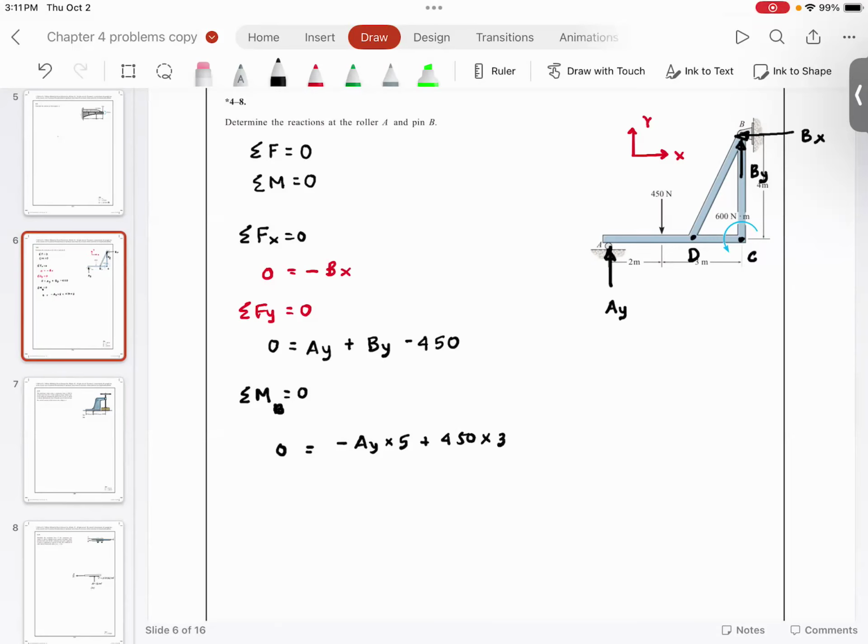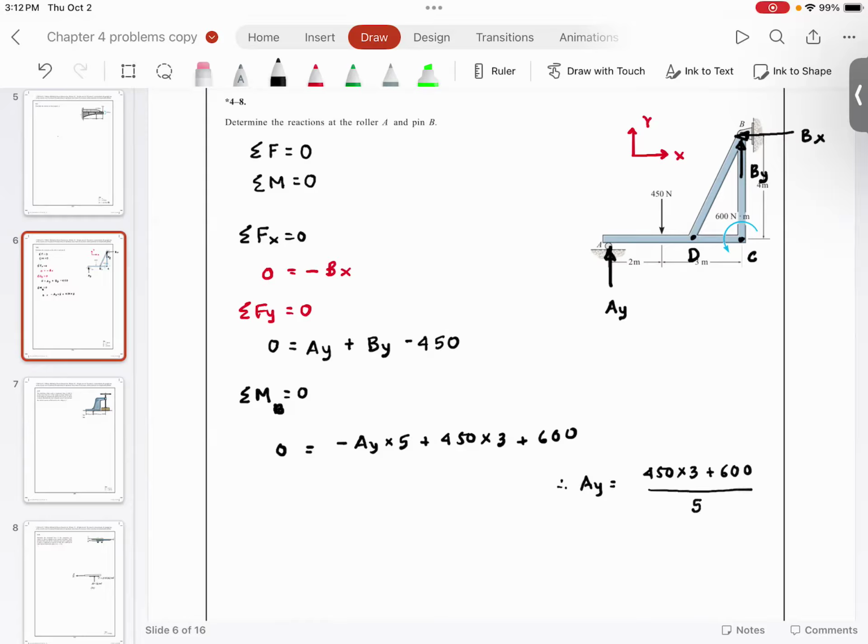And then there is one more moment, which is 600 Newton meter. That is just a moment. You are not going to multiply that by 2 or 3 or 4. Everyone understood? Because it's a moment. Curl your finger in the direction of moment, and that moment is plus 600.